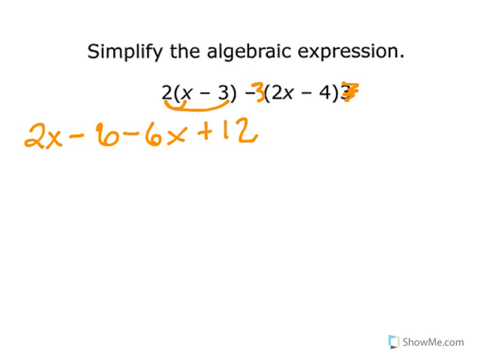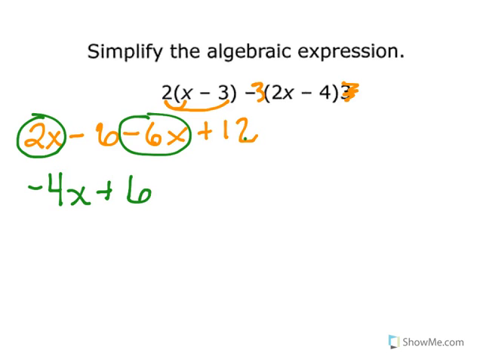But I'm not done because I got to combine like terms. So I have 2x and negative 6x. Well, 2 minus 6 is negative 4x. And then negative 6 plus 12 is the same as saying positive 6. So there's my simplified term.